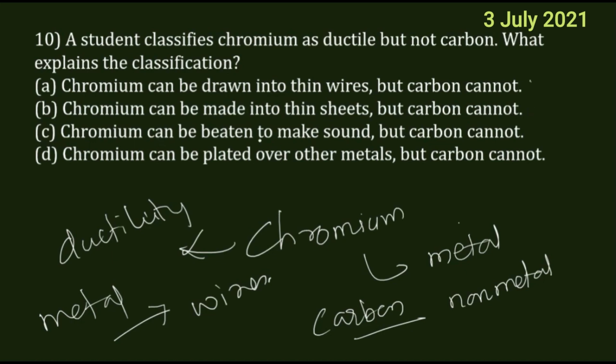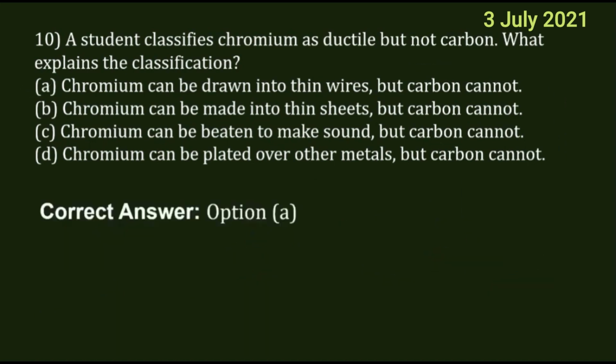Chromium can be beaten to make sound, but carbon cannot. And chromium can be plated over other metals, but carbon cannot. You may feel that most of these are correct, but the most appropriate answer is chromium can be drawn into thin wires, but carbon you cannot draw into thin wires. So that has to be the correct answer. We will see what the answer is. Yes, the correct answer is option A.